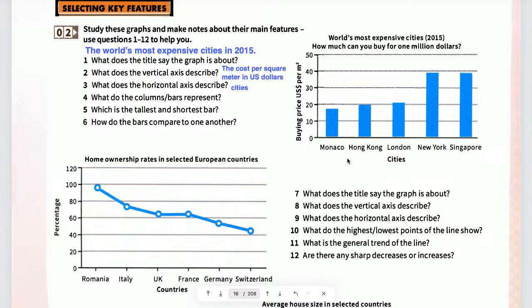Alright guys, now let's go. So first of all, we just need to write for number 4 at the moment the cost per square meter in each city, okay? Because they say what do the columns or bars represent.